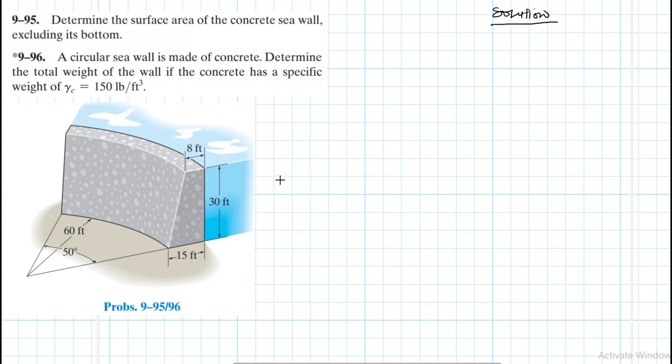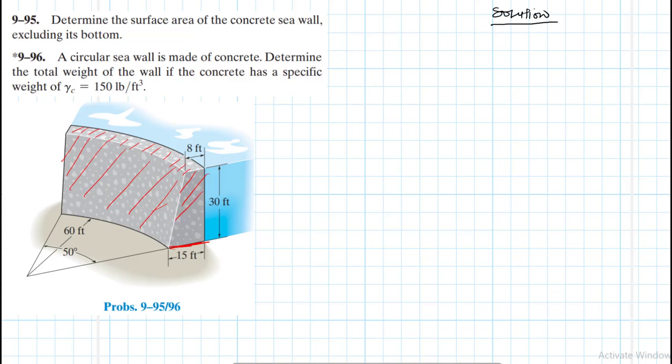So here we are going to start with calculating the surface area. We need to redraw this particular concrete seawall. Mind you, we have been asked to determine the surface area of this concrete wall, excluding the bottom. So the surface area should include everything: the top, the inner side, this area, and the back as well.